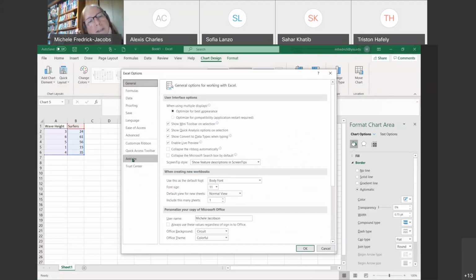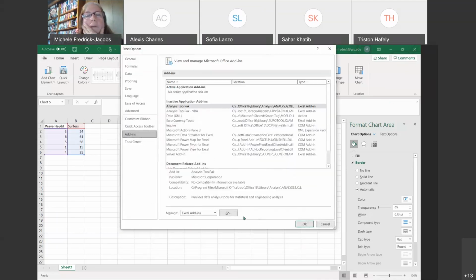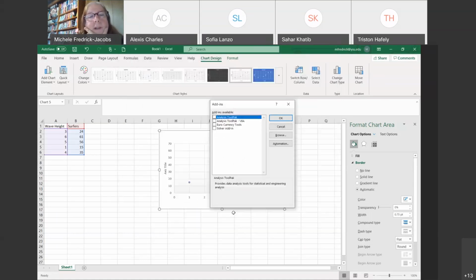You go to add-ins, and this is the one for the histogram steps. So this could work too, but you go to add-ins and then there. My computer's moving really slow. I think I have too much open. You click go, you click in your tool packs. So these might be downloads that you might need.